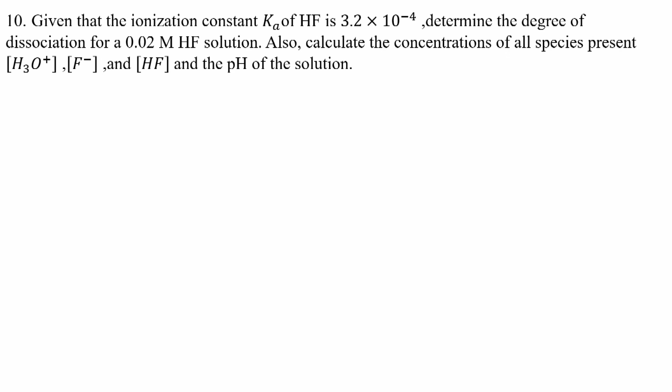Move to problem number 10. It says, given that the ionization constant Ka of HF is 3.2 times 10 raised to the minus 4, determine the dissociation for 0.02 molar HF solution. Also calculate the concentrations of all species present like H3O plus, F minus and HF, and the pH of the solution.